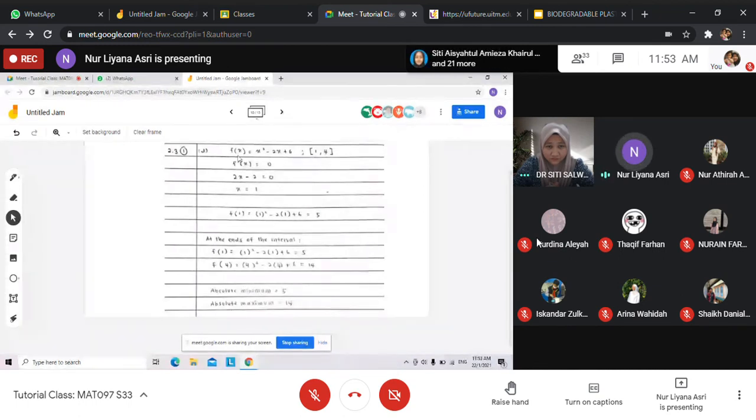So we got 5. And then we substitute x equals to 1 and x equals to 4 in the function. So we got 5 and 14. Then we compare the value of f(1) and f(4). So 14 is the highest number, so it is the absolute maximum. And 5 will be the absolute minimum.